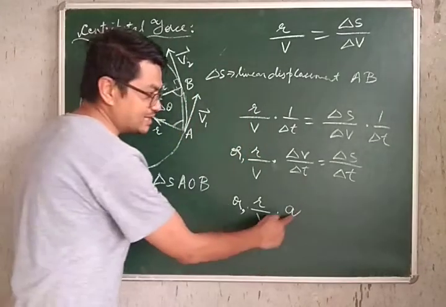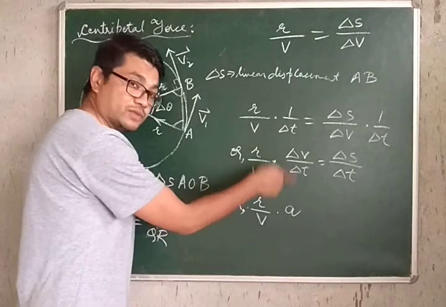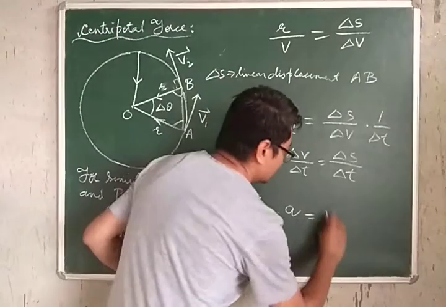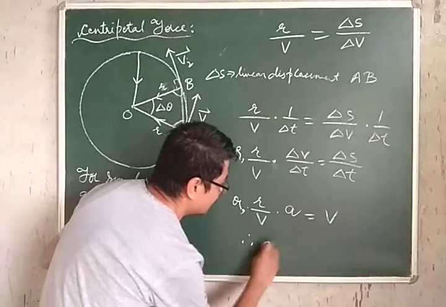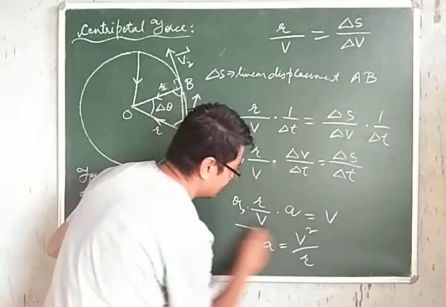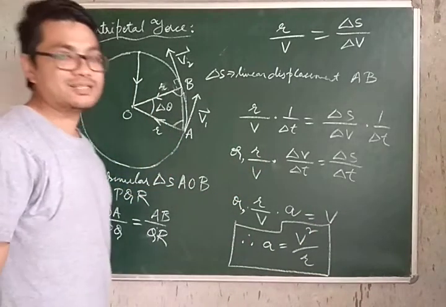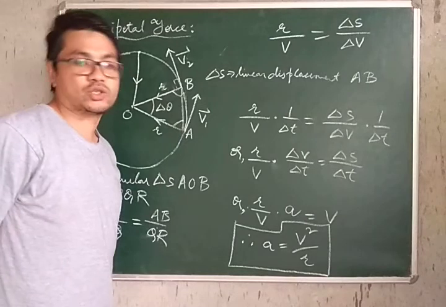So this is the linear acceleration, since it's the rate of change of linear velocity with time. So this is equal to V, and thereby we get A is equal to V squared by R. So this is the expression for the centripetal acceleration.